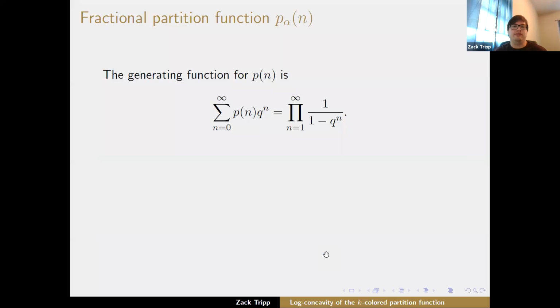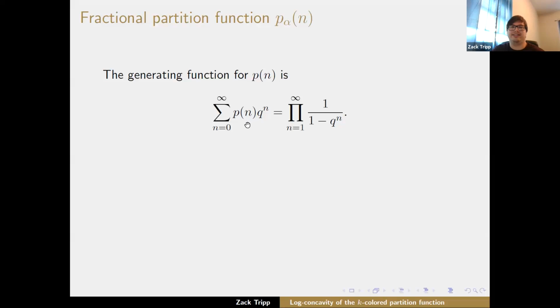For those of you who maybe don't know, the partition generating function has a very nice series representation. We take the product of 1 over 1 minus q to the n. The way to see that this is the generating function for p(n) is you write each of these terms as a geometric series and essentially ask what are all the ways you could sum up to the power of q^n.